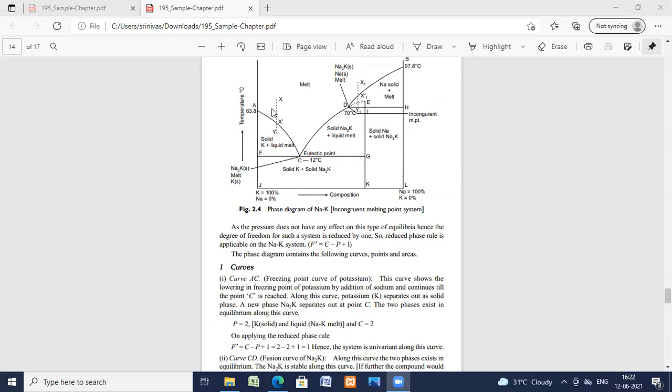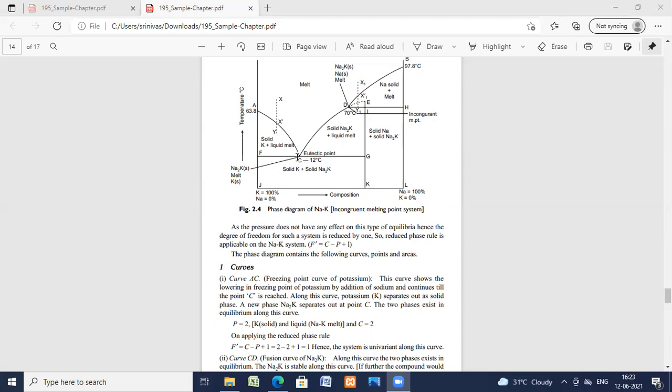So as you add sodium, potassium is getting frozen. It continues all through the curve till C.